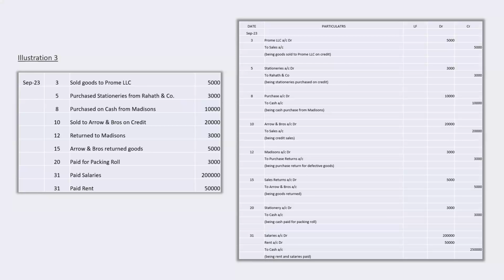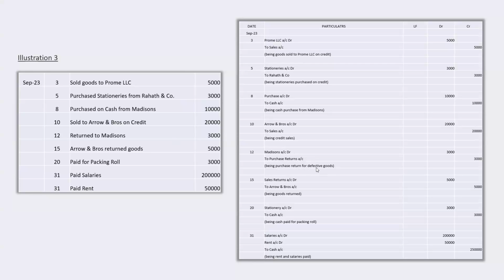So they can have only two more choices. Okay. So how this is entered here is Madison's account debtor, since they are the receivables, I mean, they have received purchase returns, not just purchase, but purchase returns account creditor. So in narration, we are clearly mentioning being purchase return for defective goods.